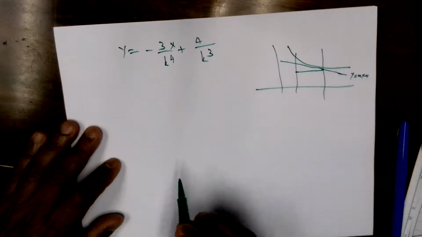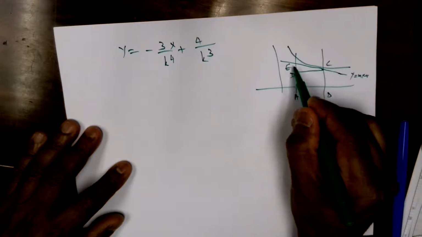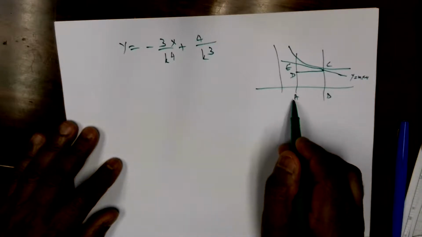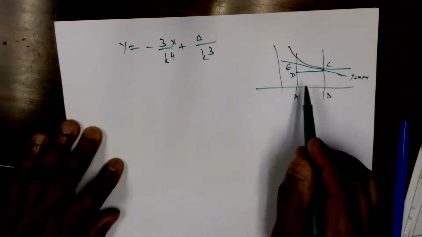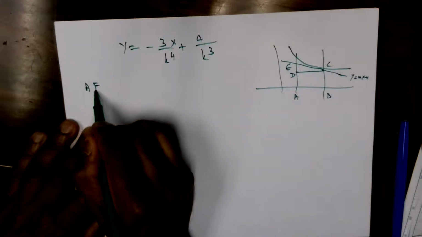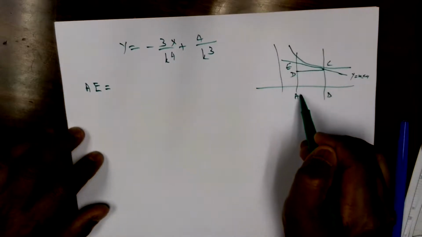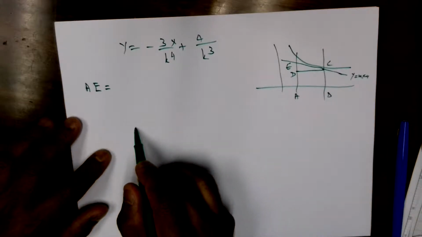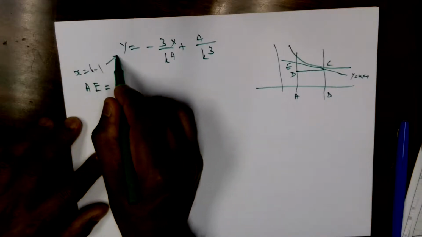So this is A, B, C, D, E. So now let's see how much AE is. AE is going to be where this line intersects at x equal to k minus 1. So to get AE, you put x equal to k minus 1 into this line.